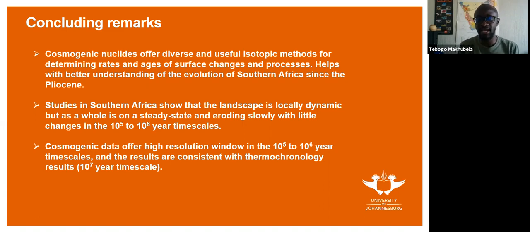However, there are different scaling models that scale, for example, the Earth's magnetic field over time, as well as the altitude and the atmospheric depth over time, in addition to the latitude over time, because when you are at the poles, there is high production of the cosmogenic nuclides compared to when you are at the equator.